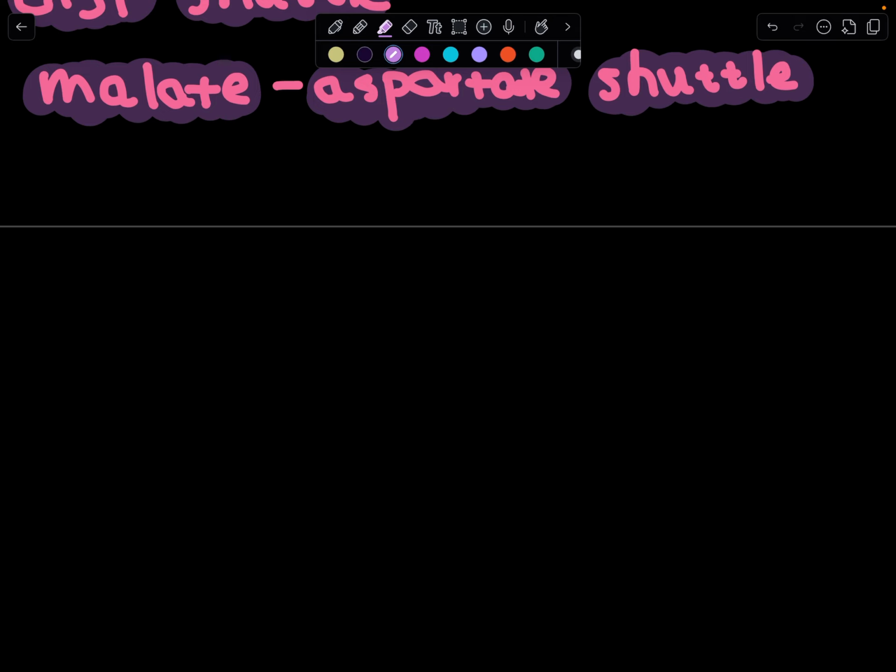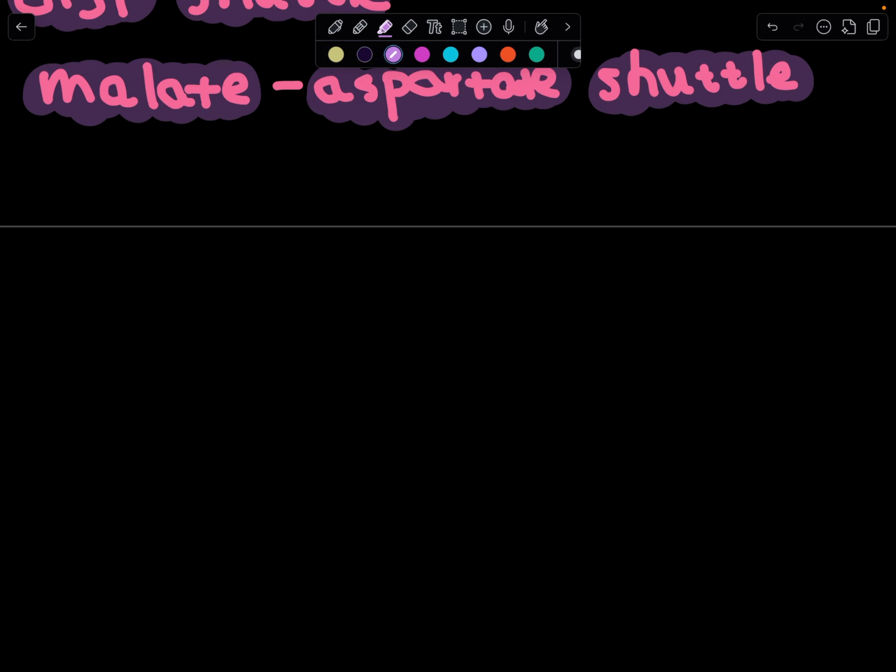Then we have G3P getting past the outer leaflet, and DHAP going outside the outer leaflet. And then we have G3P becoming DHAP and FAD becoming FADH2 with G3P dehydrogenase, and we have this electron transport chain in the inner leaflet. Now, I don't understand anything about this.